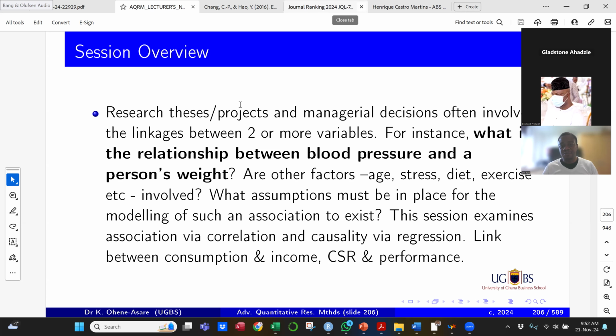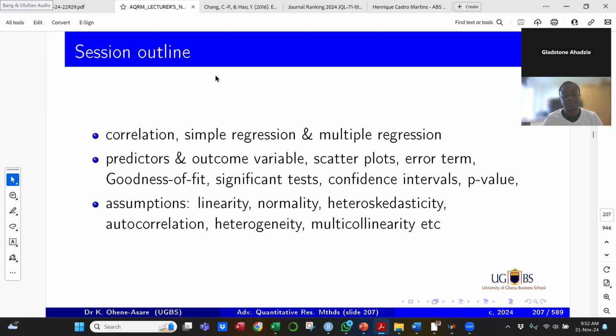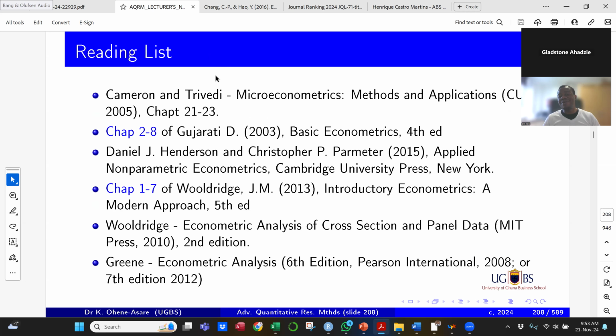Hello, Doc, please. I think it's positive. What about CSR and performance? Yes, Blaston. Doc, there's also a positive correlation between them. So these are the general notions of all of these.